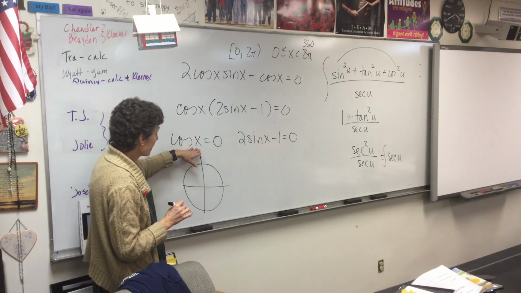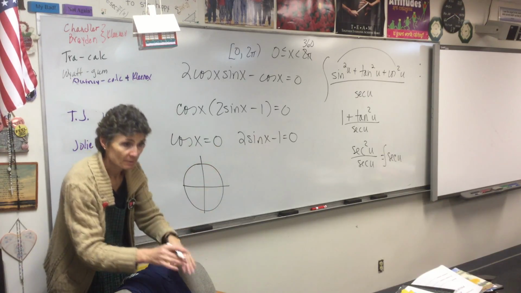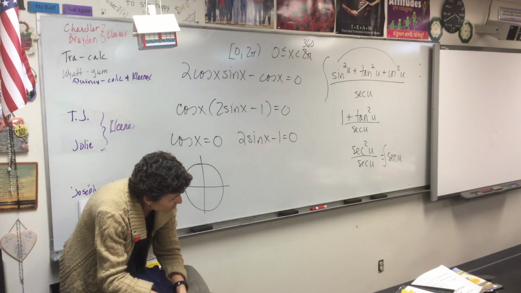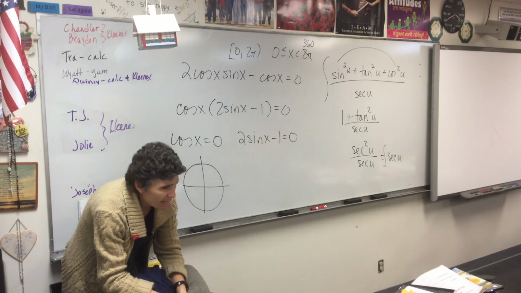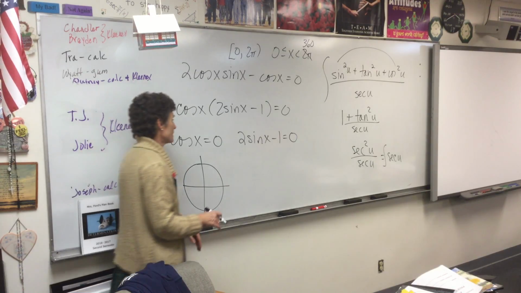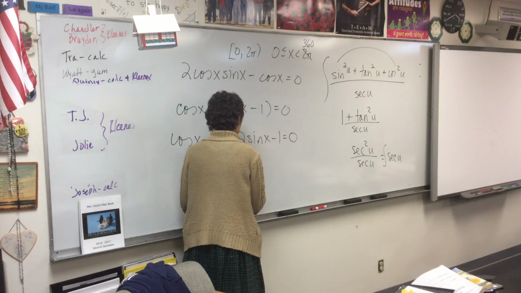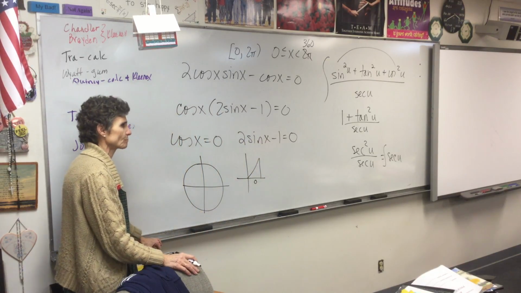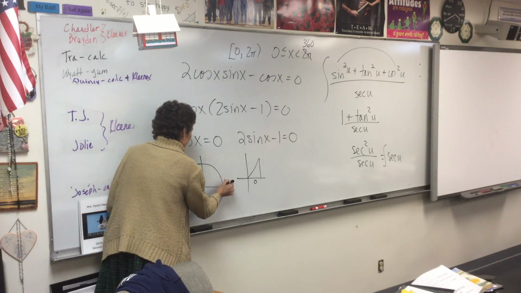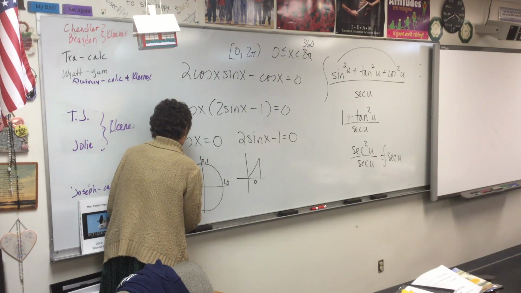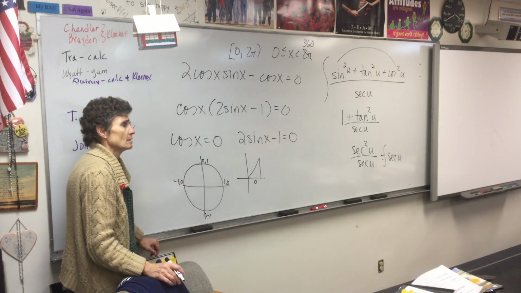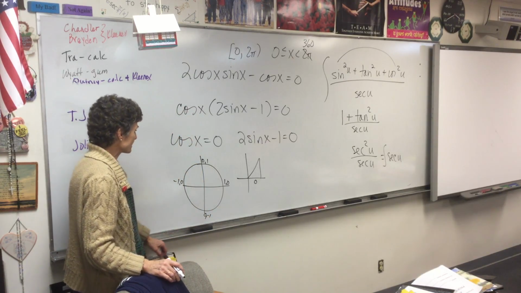If the cosine is 0, stop and think. If the cosine is 0, it's going to have to be on an axis, isn't it? It's not possible for me to draw a triangle where the adjacent side is 0, is it? So somewhere around the circle, there is a place where the cosine is 0.